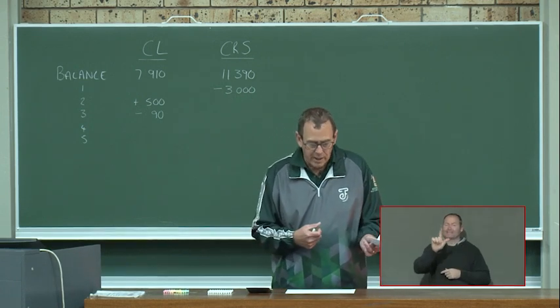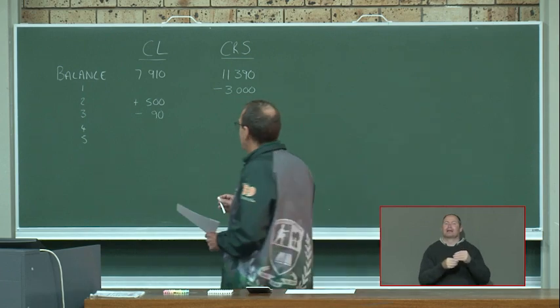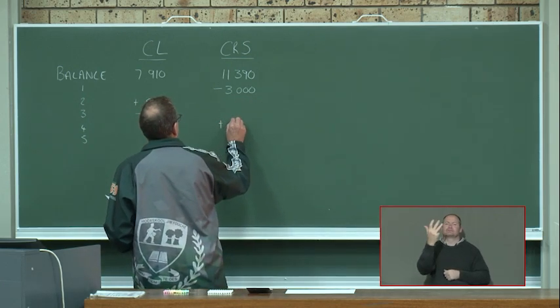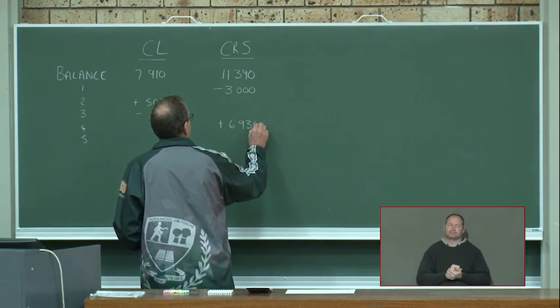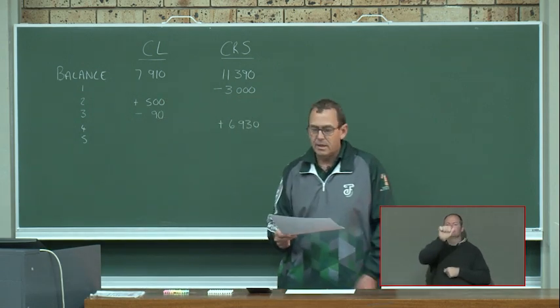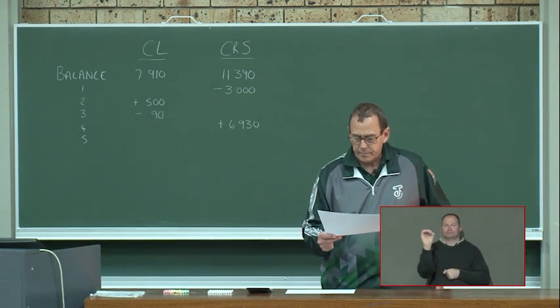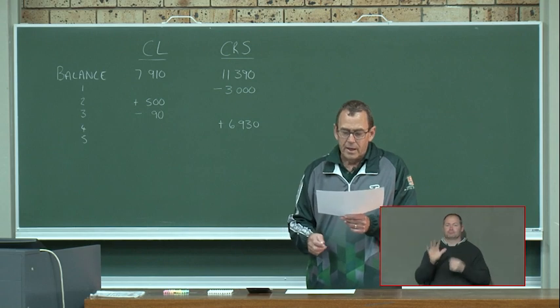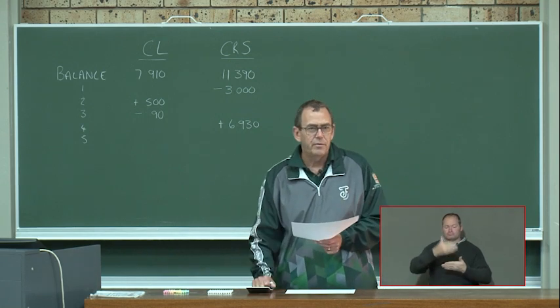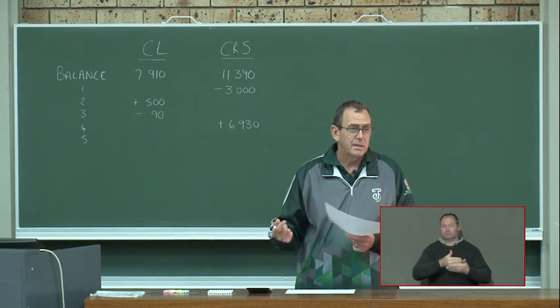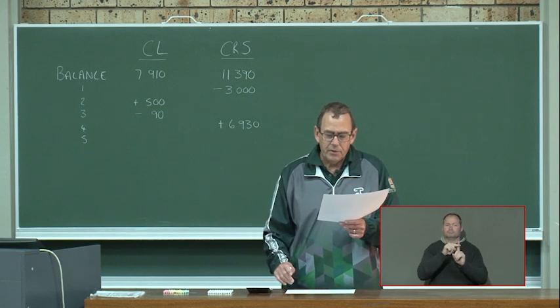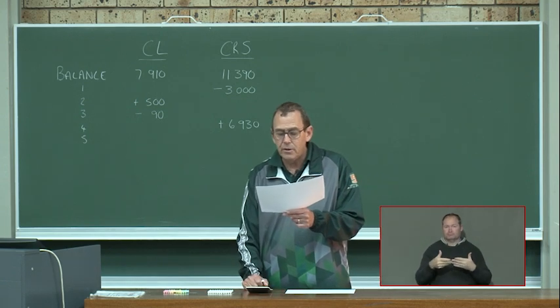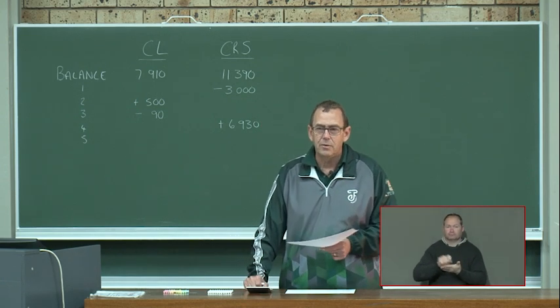So they still need to add another 6,930. And number 5, an invoice for 3,500. An invoice is a plus. Am I right? Received from them was incorrectly recorded as a credit note by us.